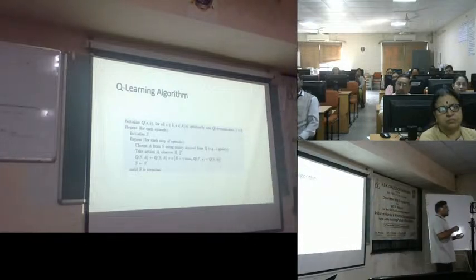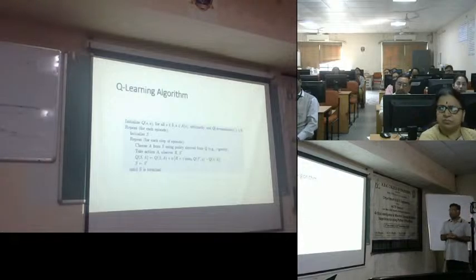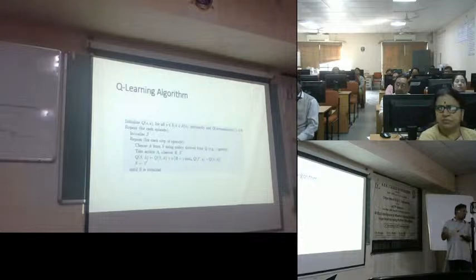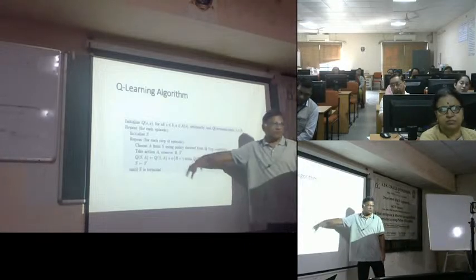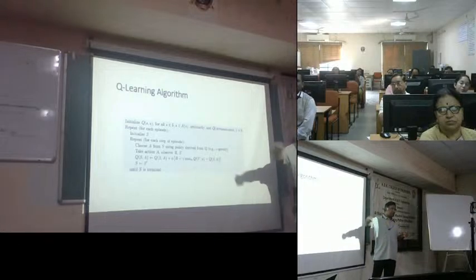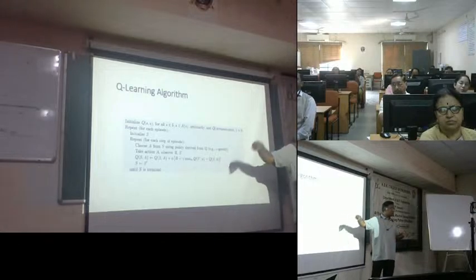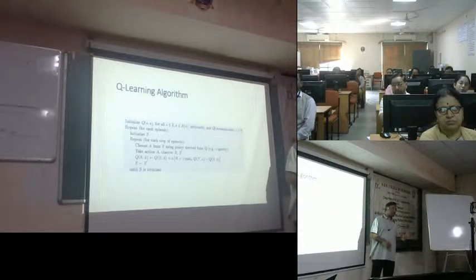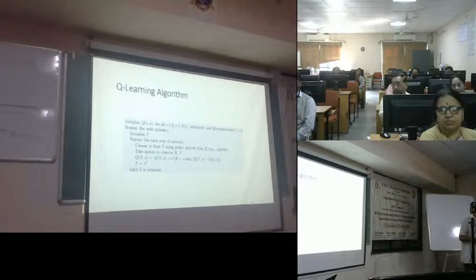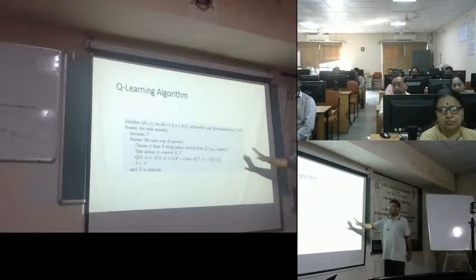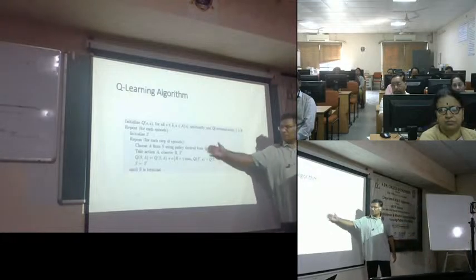Episode means we take steps from the start to the goal, and at the goal we might be rewarded positively or negatively. Each episode you can consider a game of tic tac toe. You play the game, you go from one step to another, and then either you win, lose or draw. Let's say if you win, you get plus 100, if you lose minus 100, and draw say minus 50 because you don't want a draw. So you can give rewards like that, and you repeat.